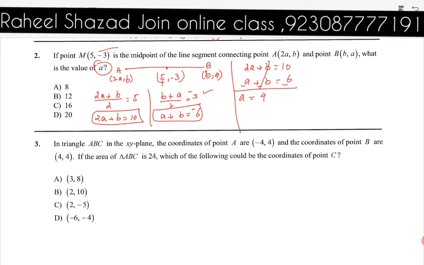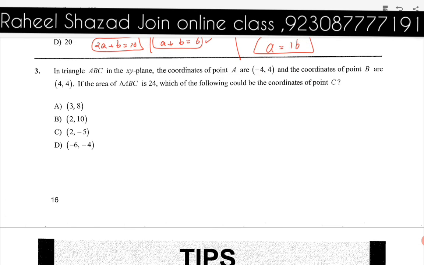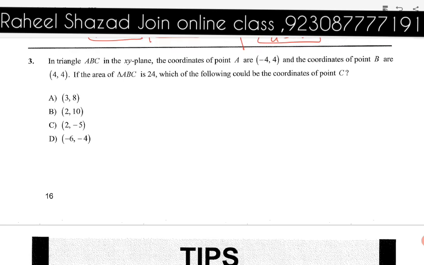So (b plus a) divided by 2 is minus 3, so it's minus 6. When you subtract it, this will become plus. So 10 plus 6 is 16. So the value of a we get is 16, right? This is kind of a challenging question, and I want you to try it yourself again and then see the solution.